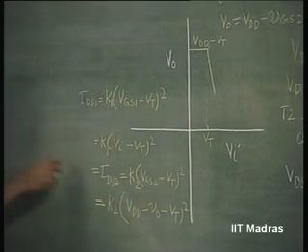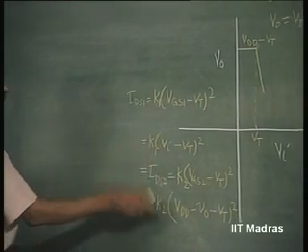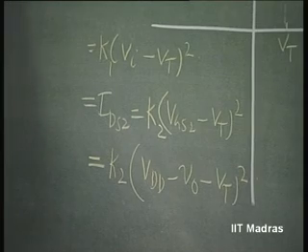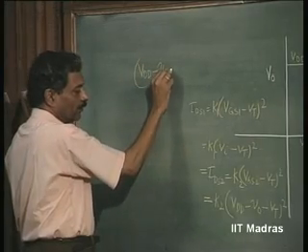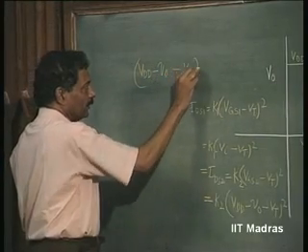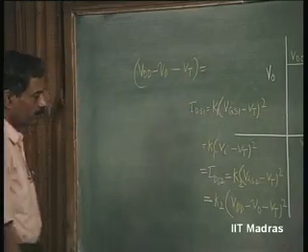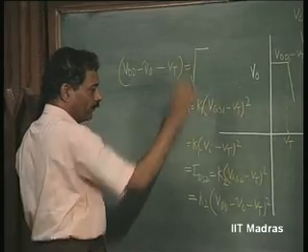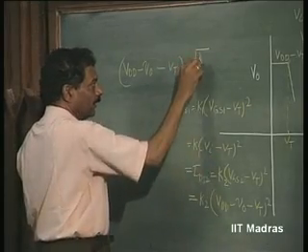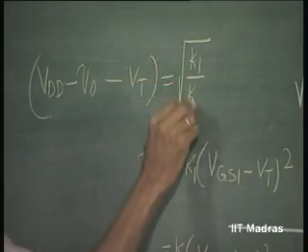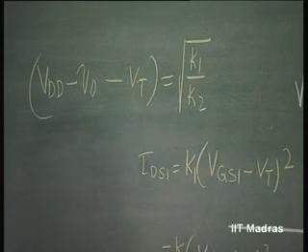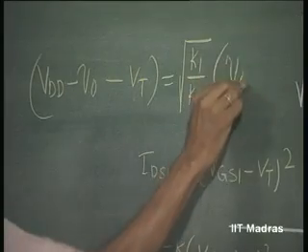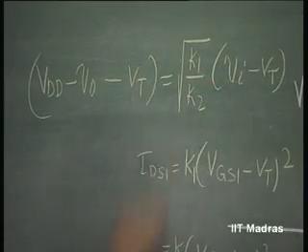So, you can equate these two, you get VDD minus V naught minus Vt equals root of K1 by K2 into Vi minus Vt. Is this clear?